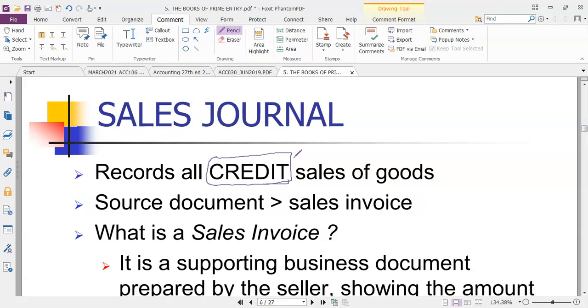Credit. Siapa boleh jawab? Please try to answer my question. Meaning of credit. What is it? Someone?